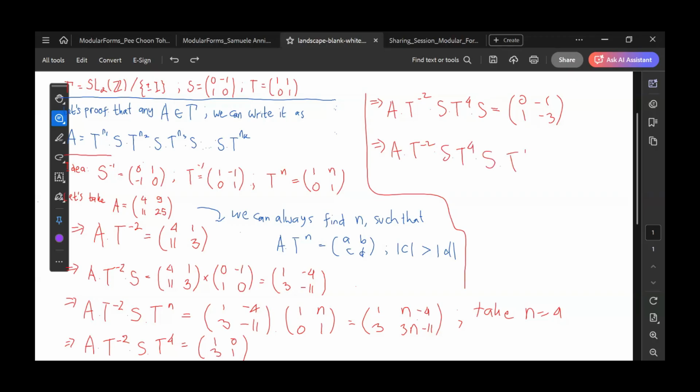So something like this, which will make it into 0, 1, and something, right? So we can find some n such that the absolute value of this one will be smaller than this. If we keep doing this, we will become smaller, smaller, and smaller. Eventually, we will reach 0, right? So in this case, since this is 1, the only way this can be smaller than 1 is if this is 0.